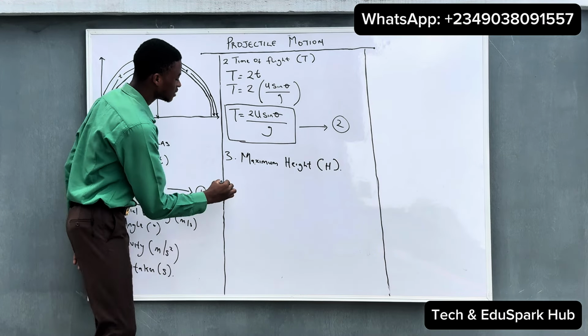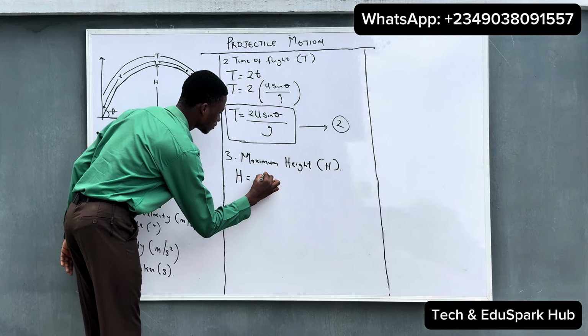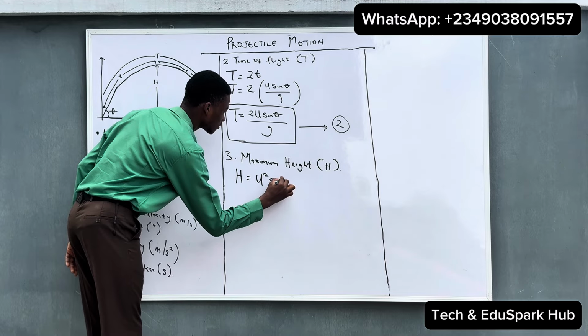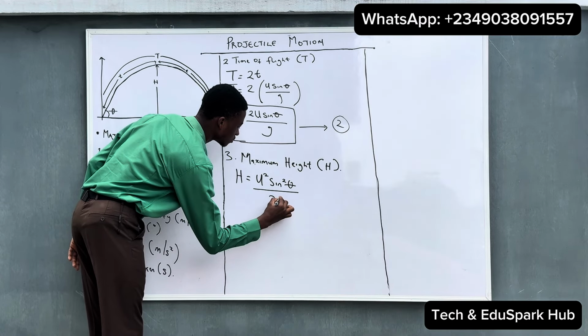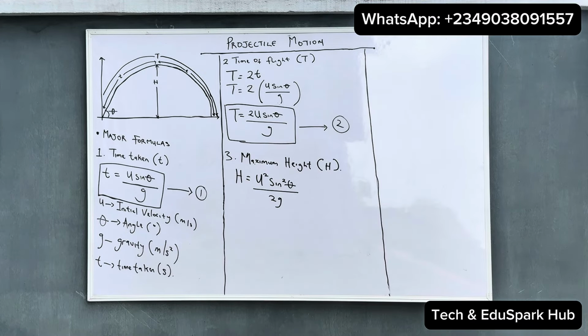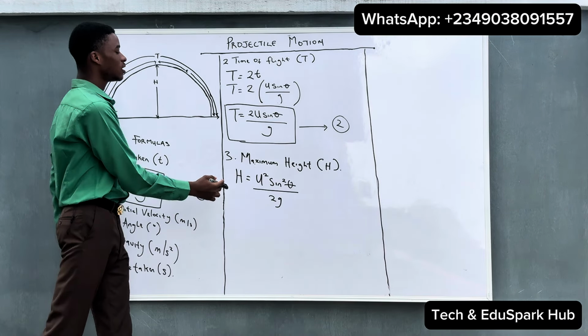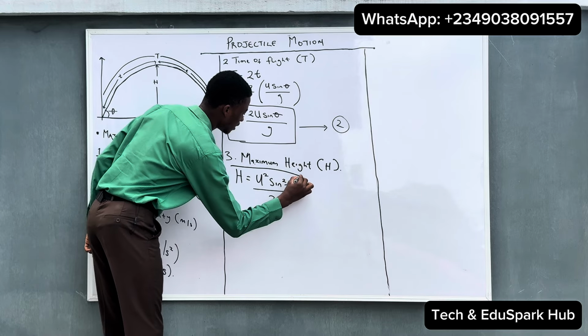And the formula for this maximum height is given as big H equal to U squared sine squared theta over 2G. So this is the formula for our maximum height: U squared sine squared theta over 2G.